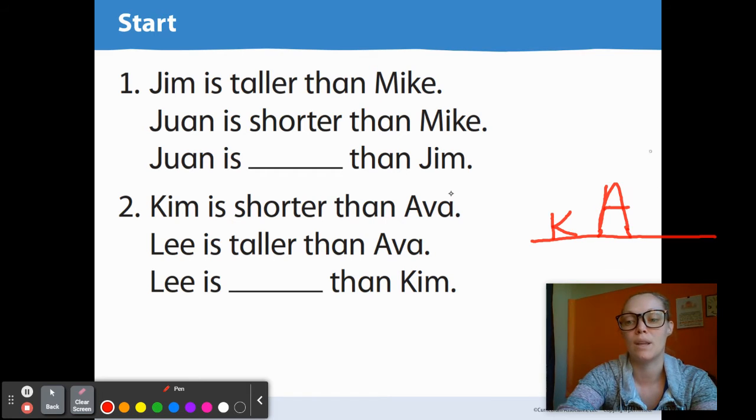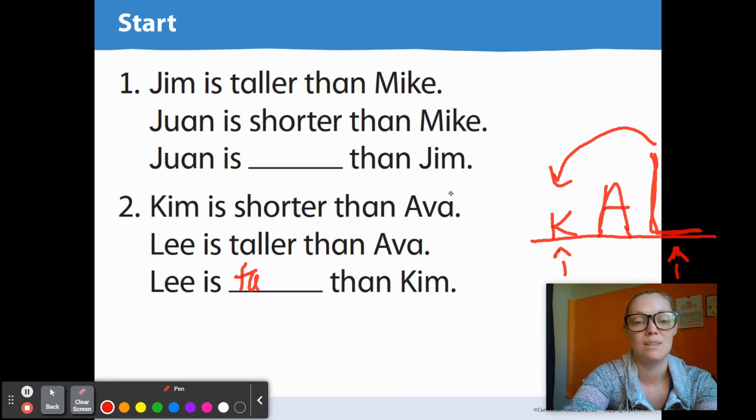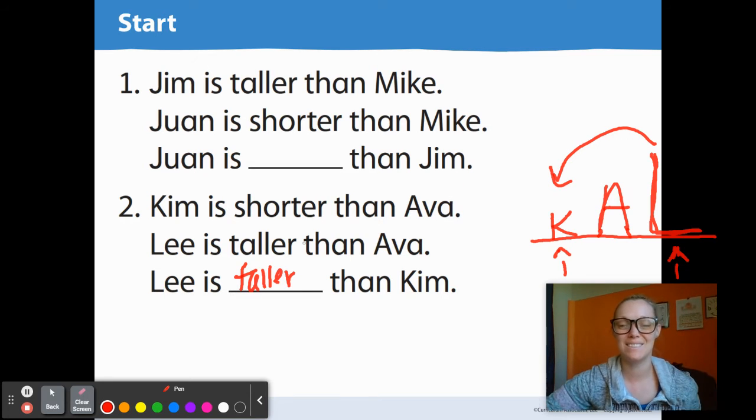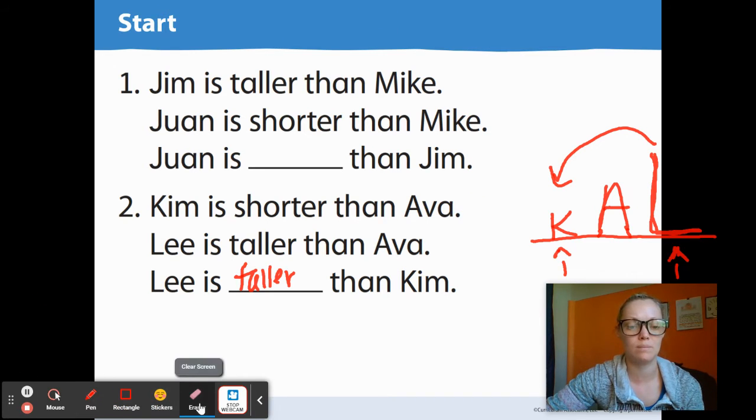Lee is taller than Ava. So I'm going to draw Lee taller than Ava. Lee is blank than Kim. So now I'm looking at Lee first, and I'm going to compare him to Kim. Lee is taller than Kim. Did you get that? Did you do these steps? It's really important to break it down to help it make sense in our brain.